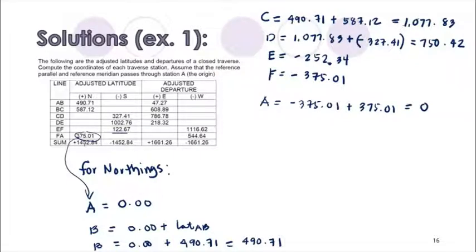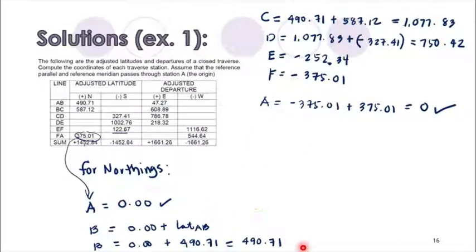So it is equal, since this is balanced, no? So when you compute here or when you add the latitudes, it will go back to 0 now because this is the coordinates of station A, or northings of A.